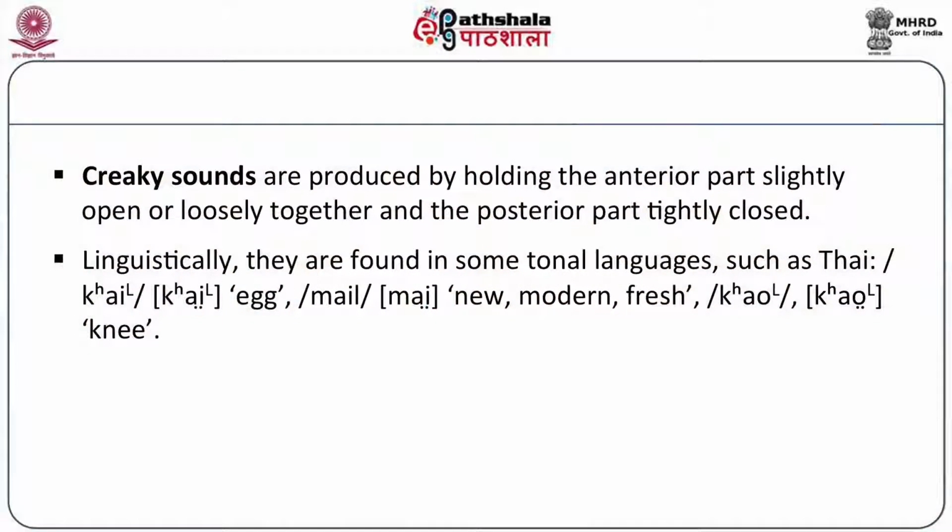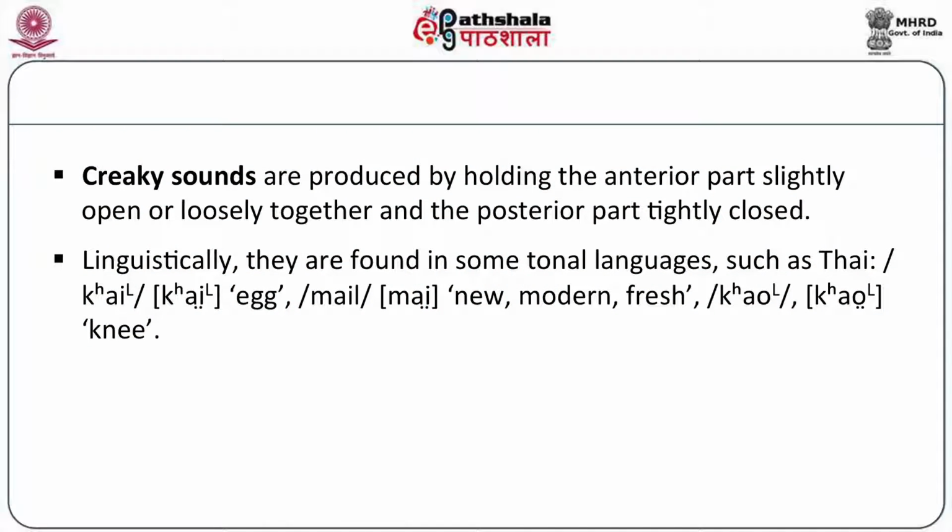Creaky sounds. The glottis is not only tightly shut or loosely together or wide apart, but the vocal folds may be partly closed and partly open also, giving rise to different types of speech sounds, such as creaky sounds and whisper.